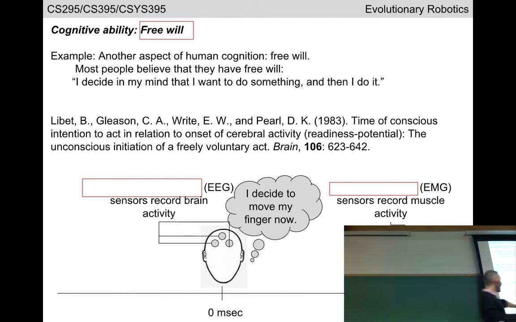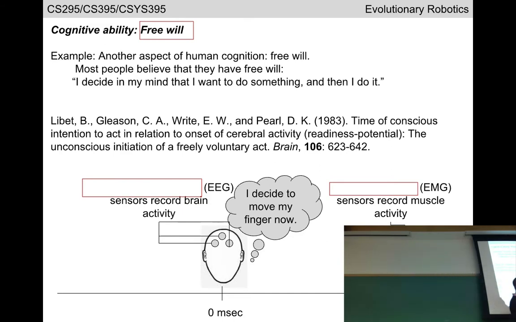That moment in time is shown here, and 200 milliseconds after that point in time, for most of the human subjects, the investigators would see that the EMG lit up, that the finger actually moved, so it seemed that the human subjects were being honest.